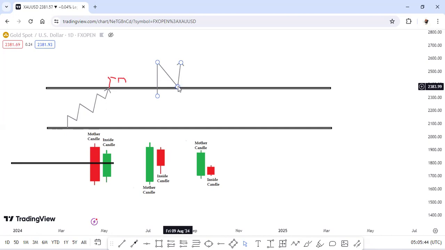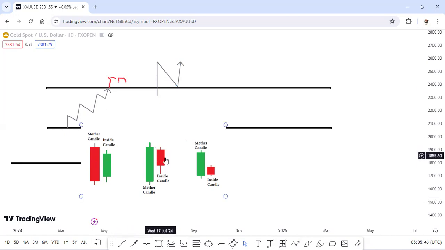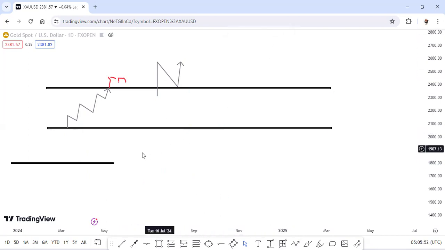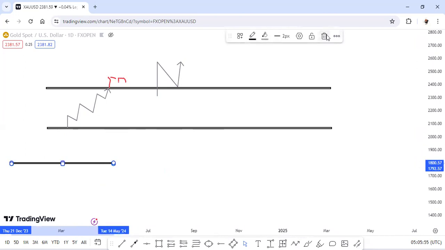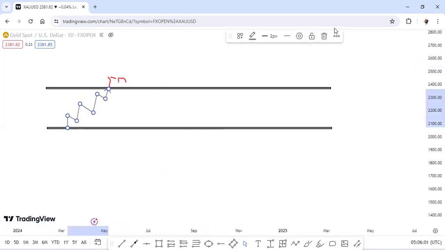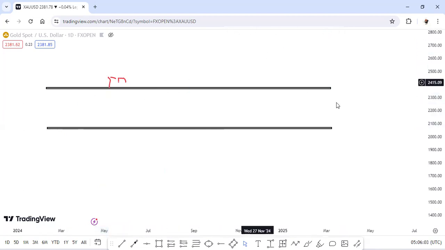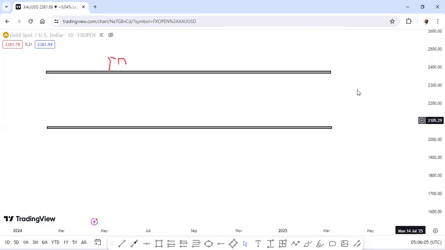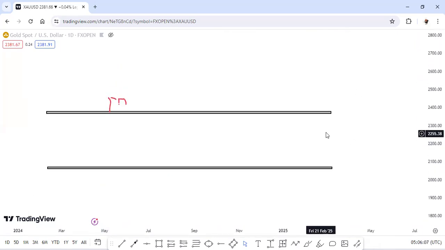But if it does not pull back, just watch for a candlestick formation to give you a clear direction of where the market wants to go. So that is it, guys. I hope this video helped you to understand how you can spot a trade, and how you can spot whether support and resistance want to break or not.